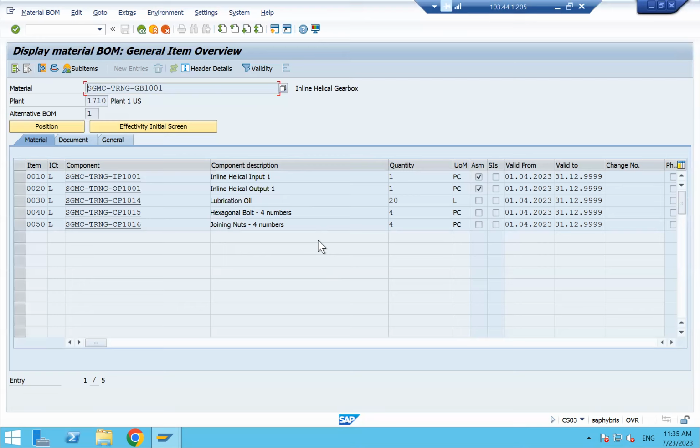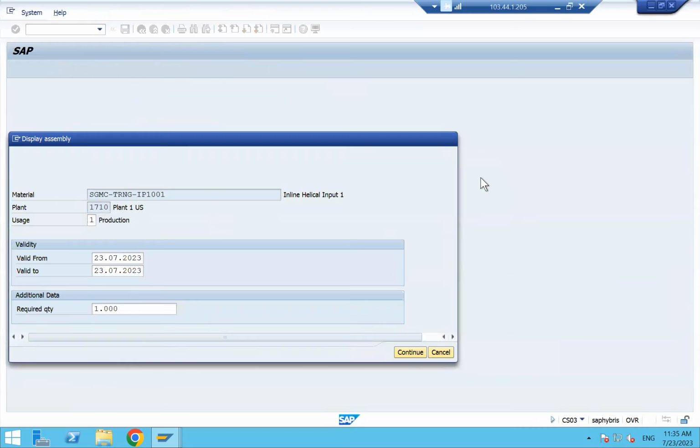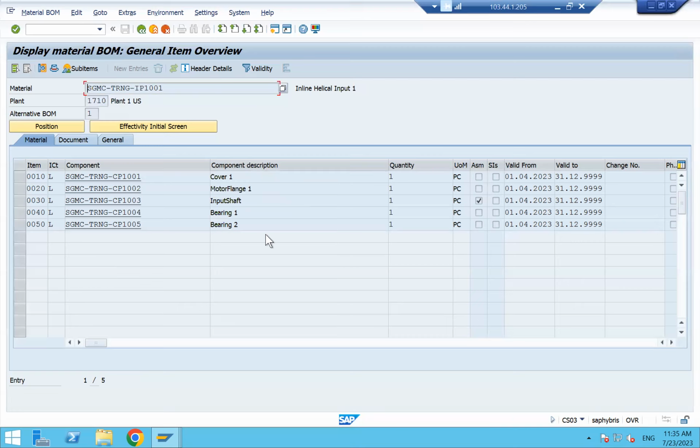Multi-level, okay. Now this inline helical, again I need to produce it. For that I have a further BOM. So I go to CS01 for inline helical and create the BOM where I give these things: cover 1, flange 1, input shaft, bearing 1, bearing 2. Again, this is another single BOM I create. Understood.